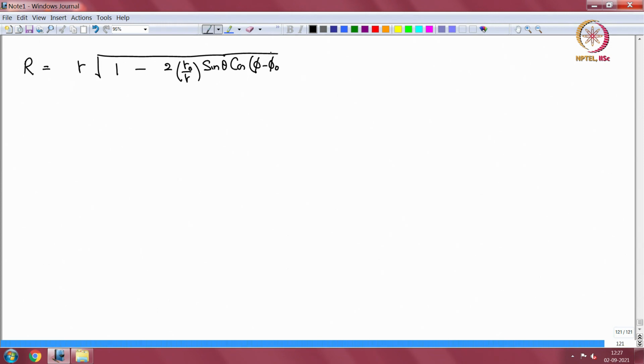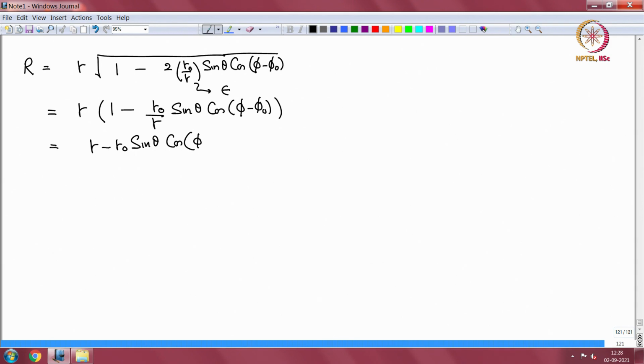And if r0 over r is a small quantity like epsilon, then you can expand this and get r into 1 minus r0 by r sin theta cosine of phi minus phi 0, which is given by r minus r0 sin theta cos of phi minus phi 0.